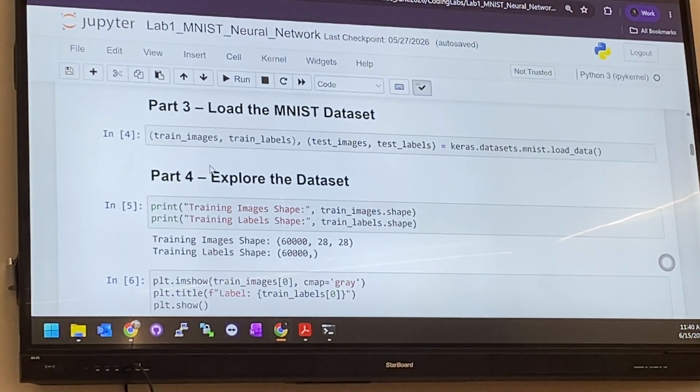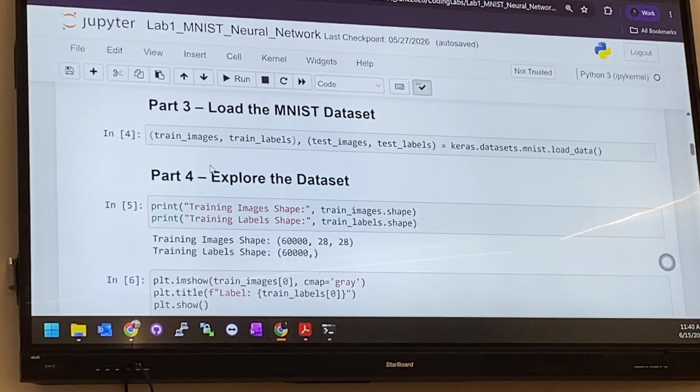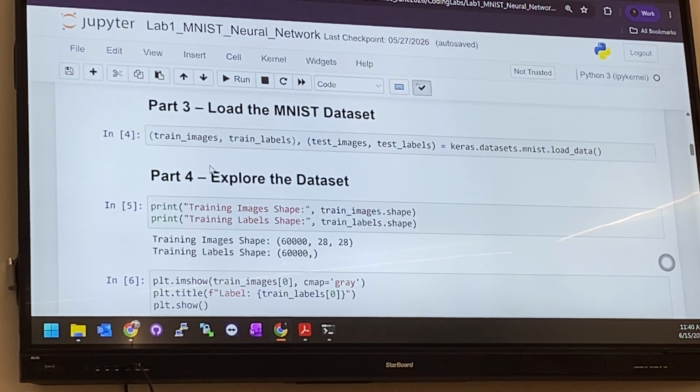The data itself, the data. We don't have one data set; it's 60,000, the same, for labels and training.